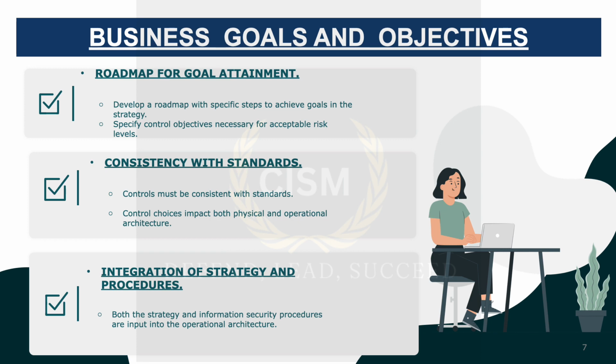Friends, the integration of strategy and information security procedure is crucial in operational architecture, right? Friends, the strategy provides the overarching guidance and the goal, while detailed procedures offer the specific steps and the processes to implement the security measures.